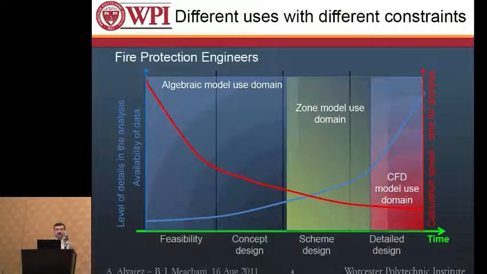For example, for fire protection engineers dealing with a new project, at the beginning, in the feasibility or concept design, the level of detail of the analysis is quite low, and the fire protection engineer is required just to give a very quick response to the fire problems.